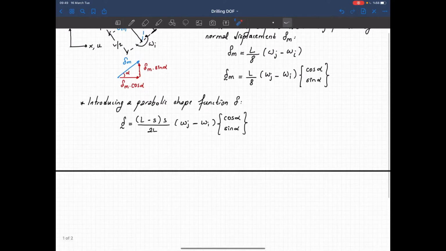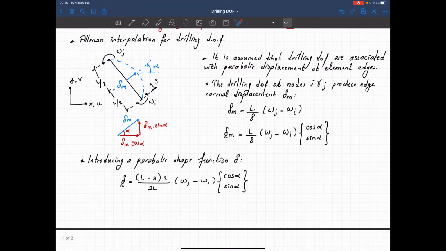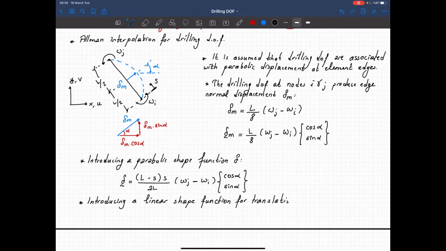So let's add that and have a complete displacement field definition for a single edge, introducing a linear shape function for translational nodal degrees of freedom and combining it with the edge displacements.